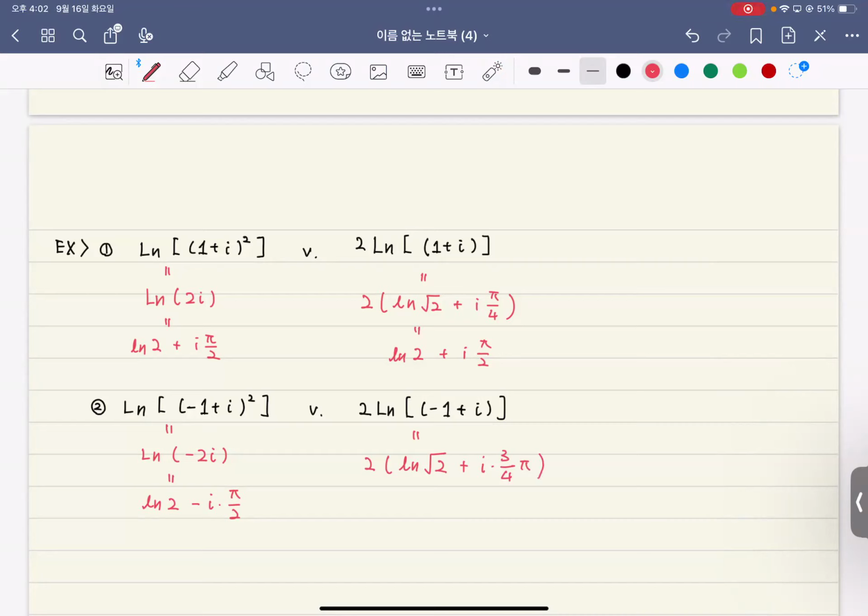But if I multiply by 2, then this is ln of 2 plus i times 3 over 2 times pi.